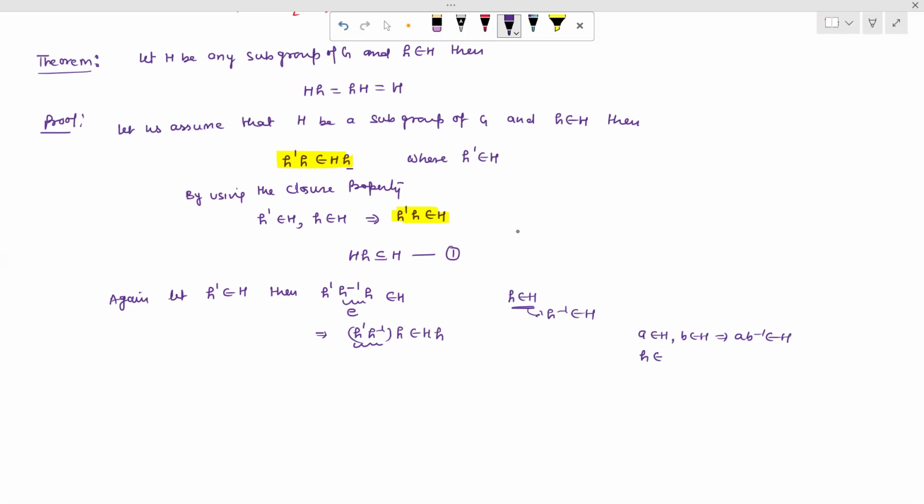So h' belongs to H, and when h inverse also exists, ab inverse also belongs to H. So we can see that this element h', which belongs to H, also belongs to Hh by using the definition of right coset. So this can be written as H is a subset of Hh.